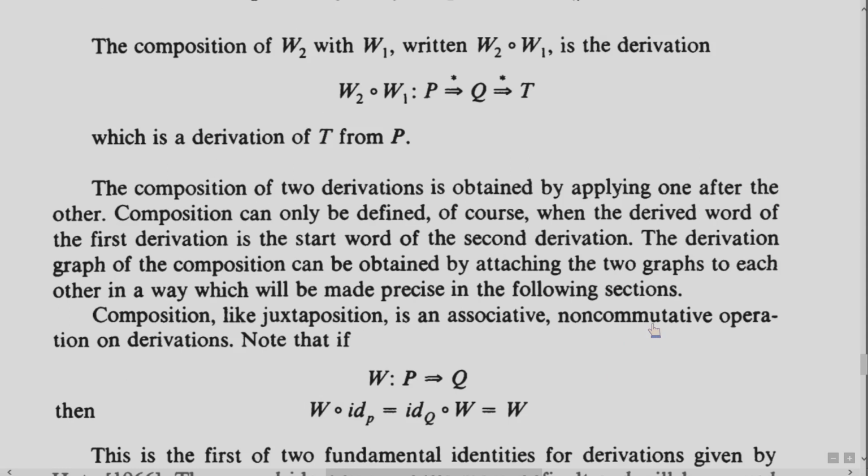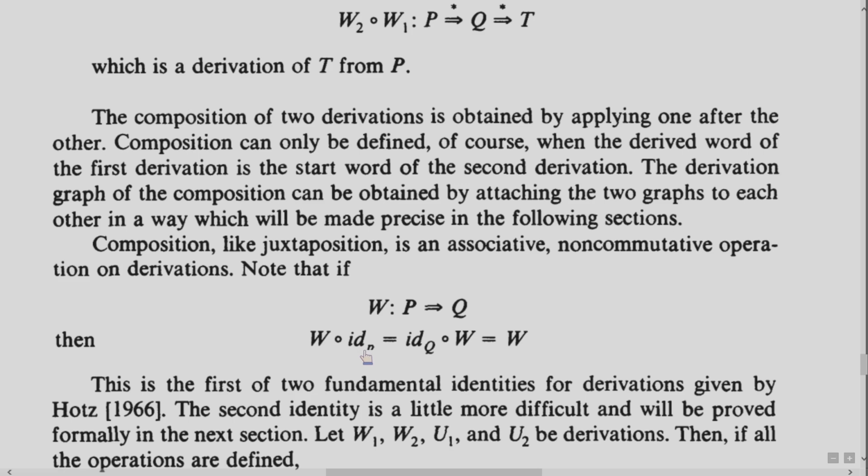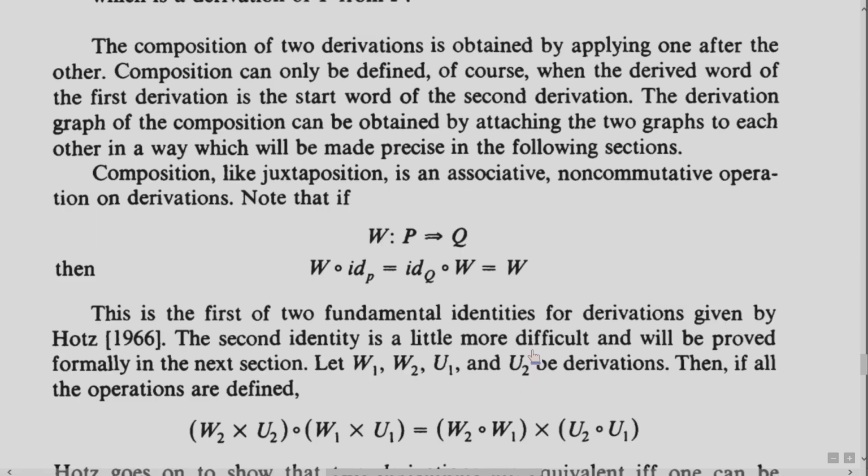Similarly, composition is also associative and composition is also non-commutative, as in case of juxtaposition, and similarly identity element also exists in composition operation also. So it can be indicated as composition of identity element on W or composition of W on identity element.